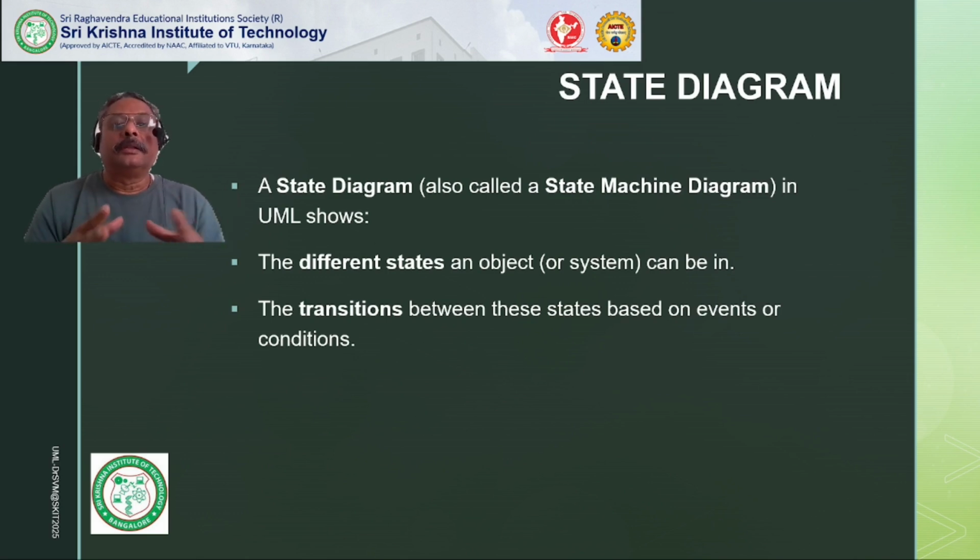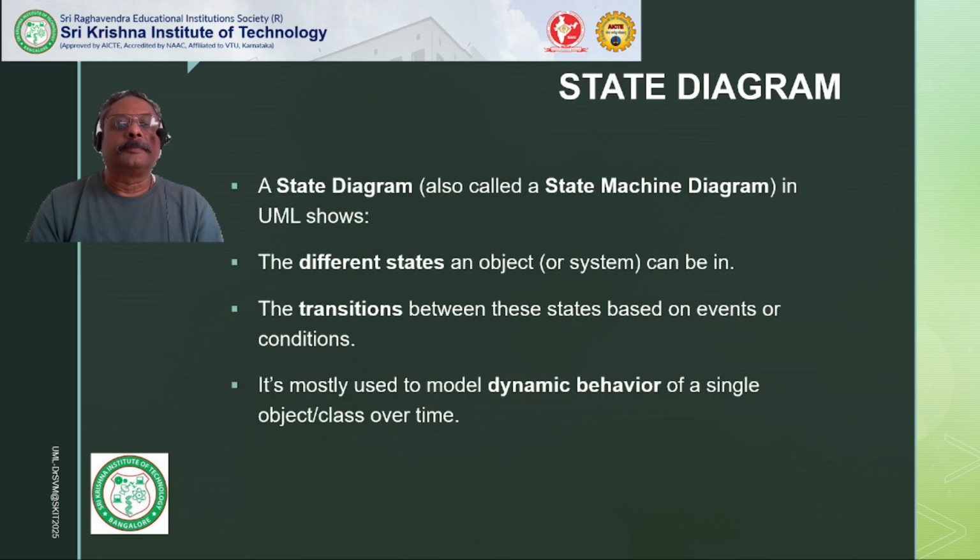The behavior of the object changes from one behavior to another only when some event occurs or some conditions are met. That is shown through the transitions, and along the transitions the condition or the event name is written, so that it is easier for us to understand what made the transition from one state to another state.